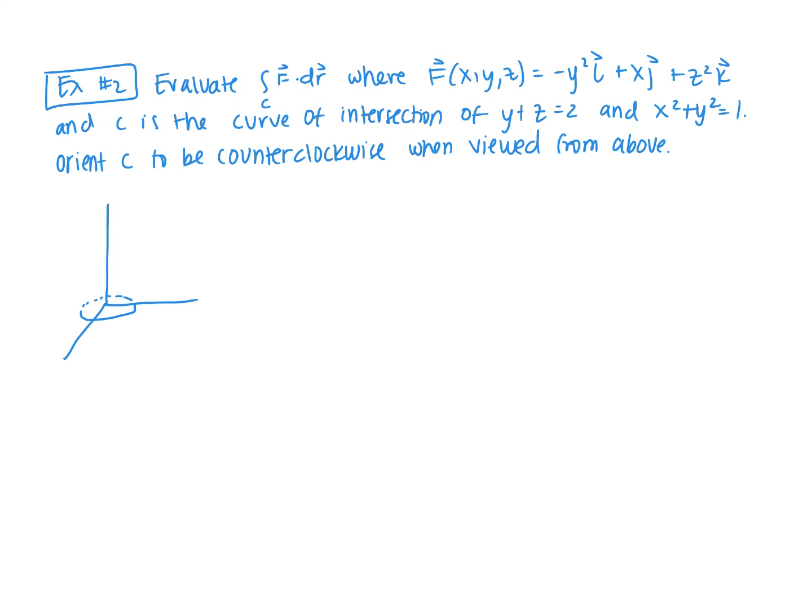So we have our cylinder coming up, but then it gets cut off by this plane. Okay, so our curve C then is right here. So that is our curve C. And we are told that it's oriented counterclockwise when viewed from above. So that would be here and there.